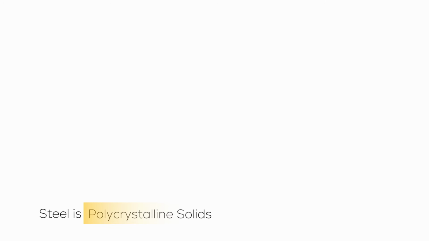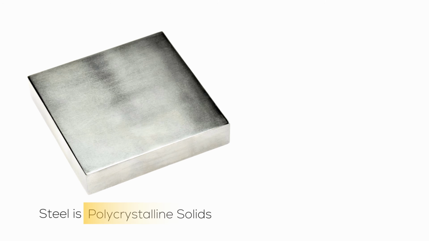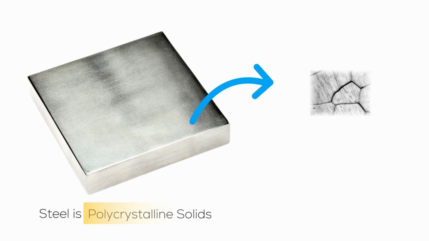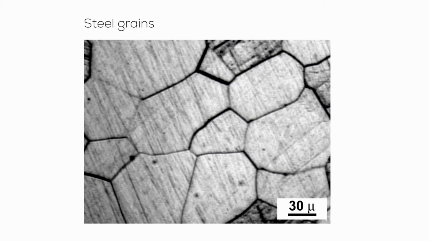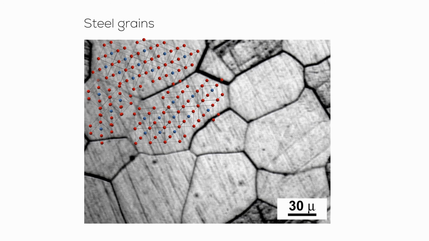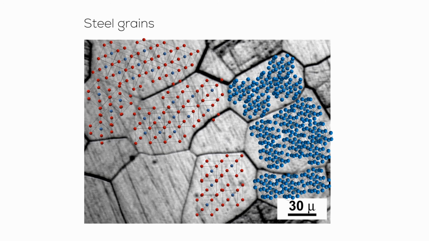So steel is a polycrystalline solid, composed of many small crystals, or we can say grains, not a single uninterrupted crystalline structure throughout the steel, because steel goes through heating, cooling, and solidification during manufacturing, which often leads to formation of multiple grains, each with its own orientation.